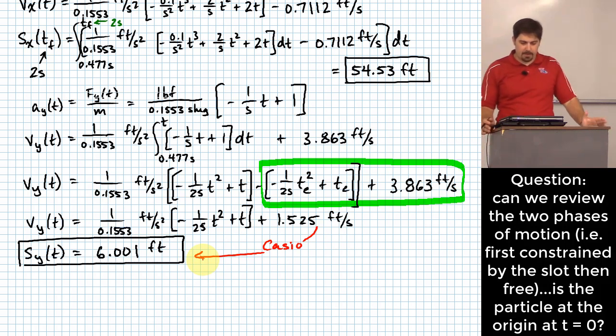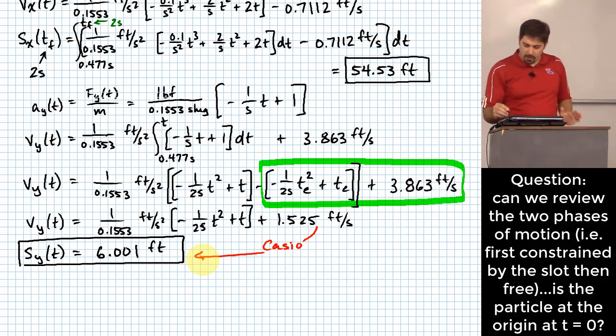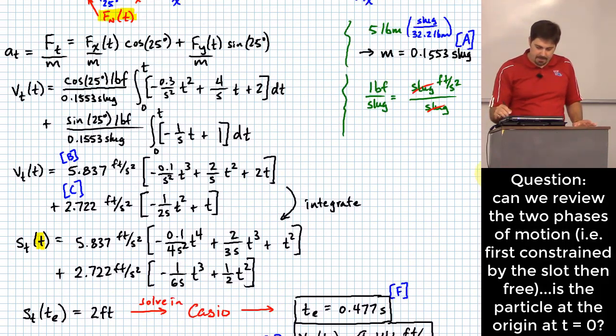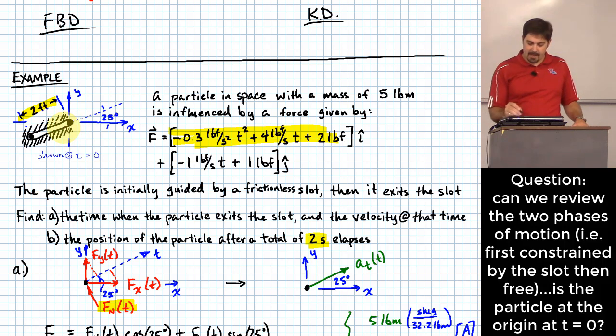So what happened in the first half second, or a little bit less than half second, was the particle progressed from being at the back of the slot to the edge of the slot. That's what happened in the first part of this 2 seconds. What we're curious about from that point on is what happens out here in the freedom.